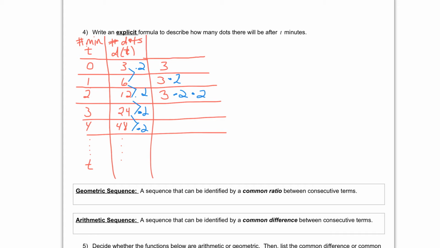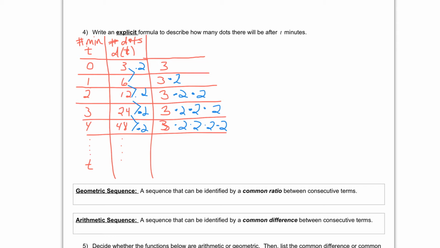So in the next one, for 3 minutes, we started again with the 3, and then we multiplied by 2, and then we multiplied by 2 again, and then we're multiplying by 2 a third time. And then let's also write out the 4th minute. So again, we started with that 3, and then we multiplied by 2, then we multiplied by 2, we multiplied by 2, and then we multiplied by 2 one more time to get us that 48 dots.